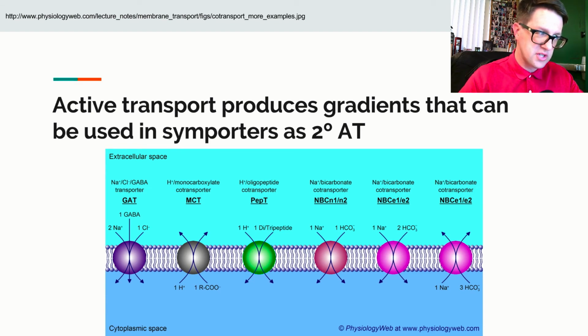So like the first example, chloride ions don't naturally go inside of the cell. So what you do is you say, I'll let the sodium in, but only if the sodium brings the chloride with it. And the result is sodium and chloride both enter the cell. We also do the same thing with glucose. I use sodium to bring glucose into the cell.